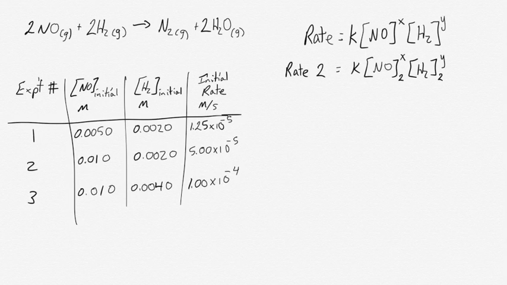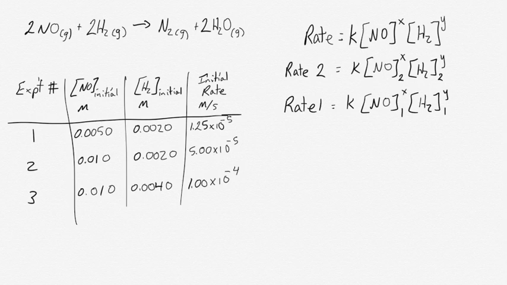In this case, I've included little subscript 2's on the concentration terms, just so that we know that these are the concentrations for experiment 2. For the second expression, the subscript 1's just indicate experiment number 1.